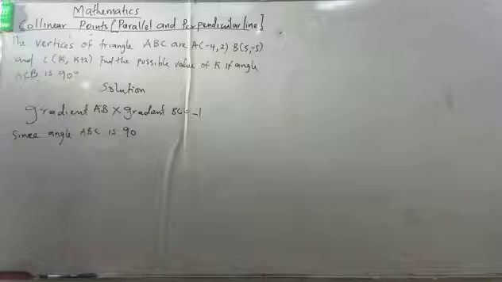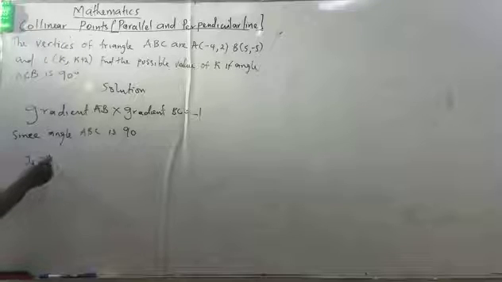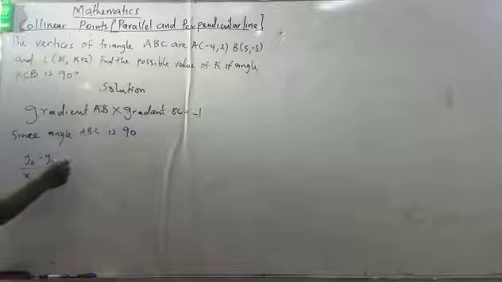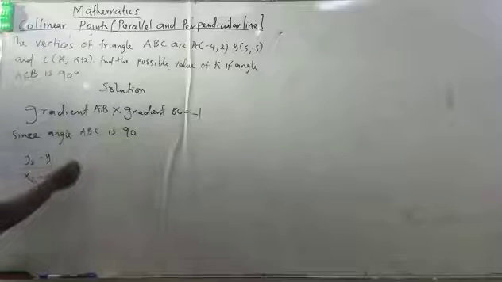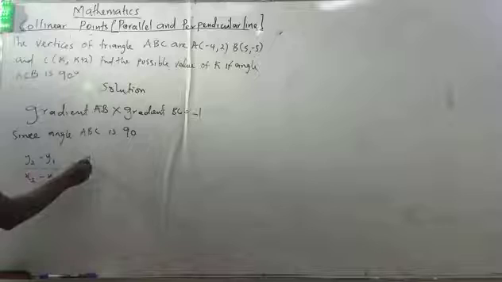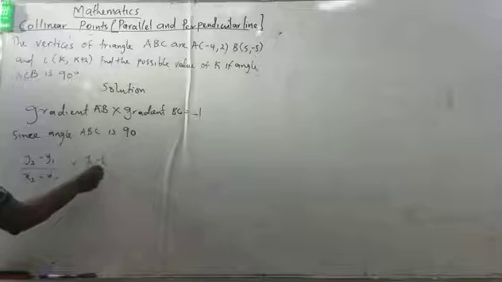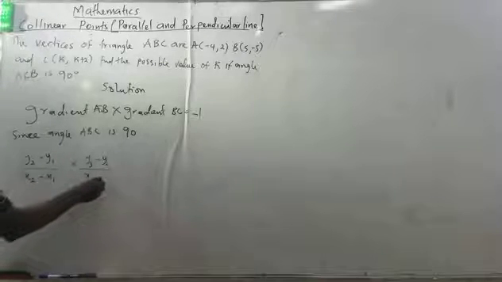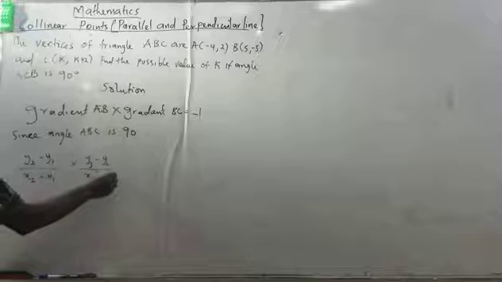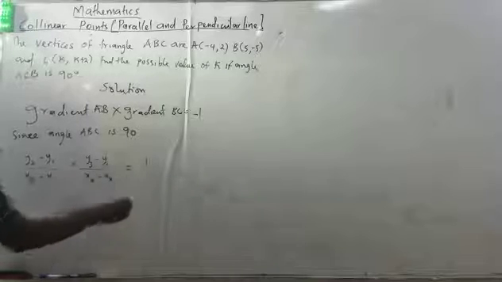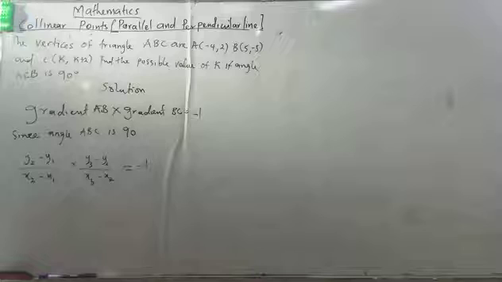Now, what I just need to do, what's the gradient? It means I'll be having y2 minus y1 divided by x2 minus x1 multiplied by y3 minus y2 divided by x3 minus x2 equals to minus 1. That is the application.